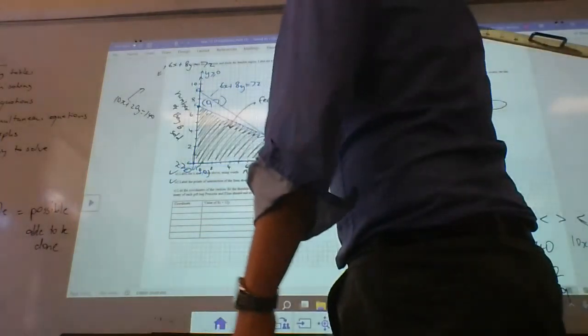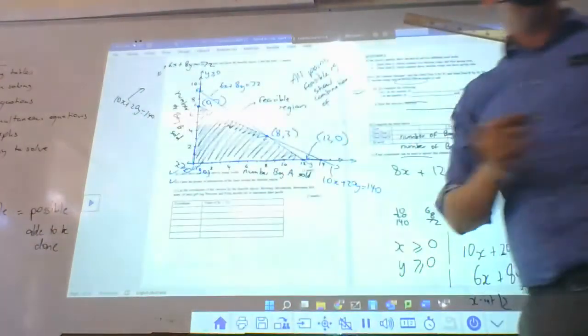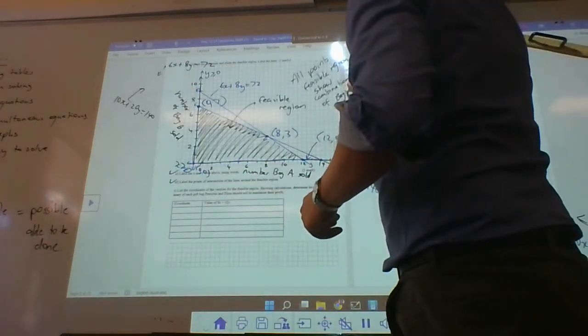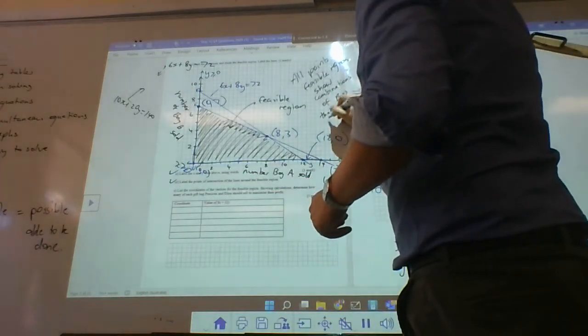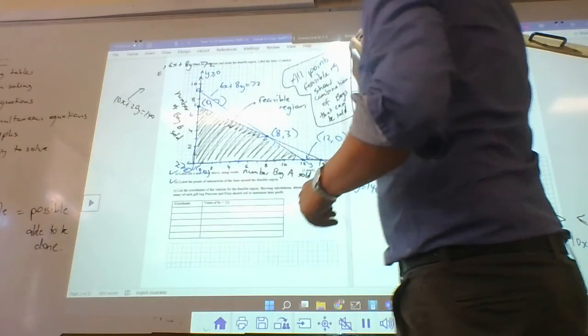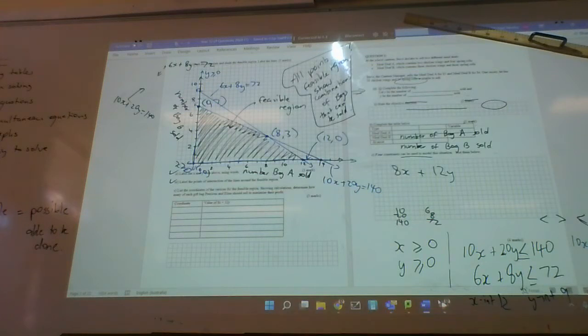Show combinations of what? The bags that can be sold. Yeah. That's really what the feasible region shows. So all points in the feasible region show these combinations of bags that can be sold.